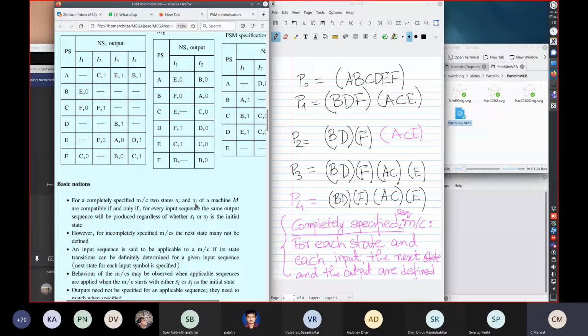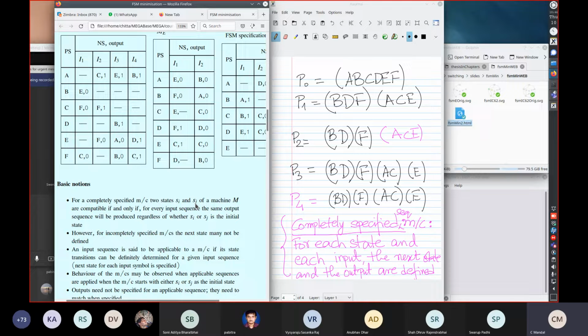applicable to that machine. Of course, one thing that is missing is, the way it is given, we are more interested in whether the input sequence is applicable when the machine is in a certain state.